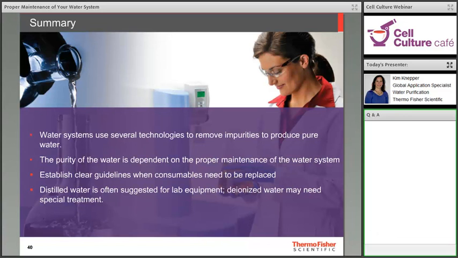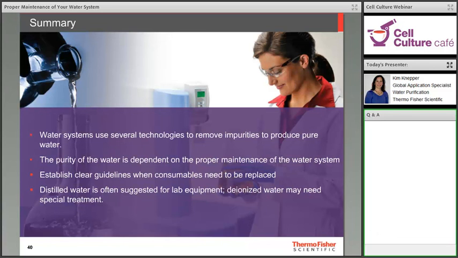And the purity of the water does depend on the proper maintenance of the water system. So while establishing standard maintenance, it's important to know what consumables are in the system and to be aware of when they need to be replaced. Changing the consumables in the water system on a regular basis helps ensure high-quality water when you need it.